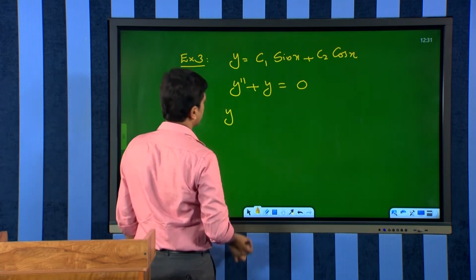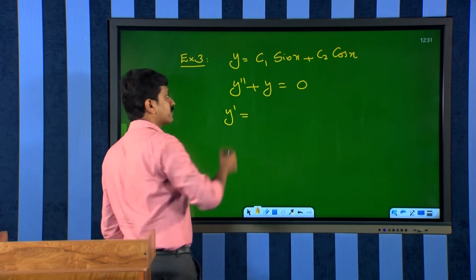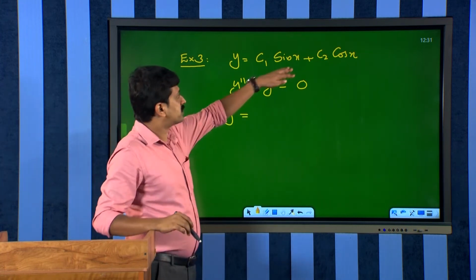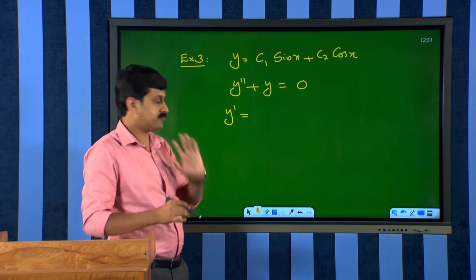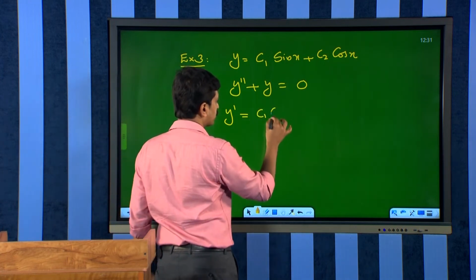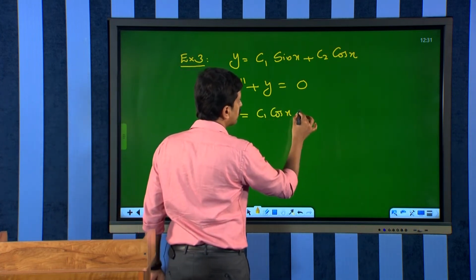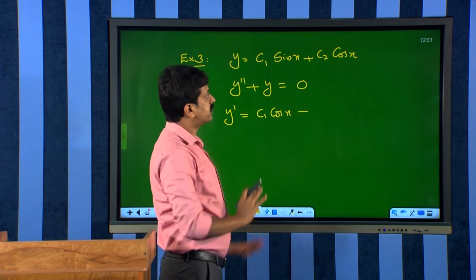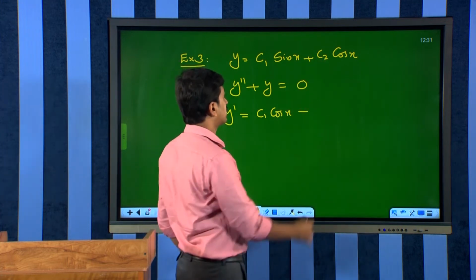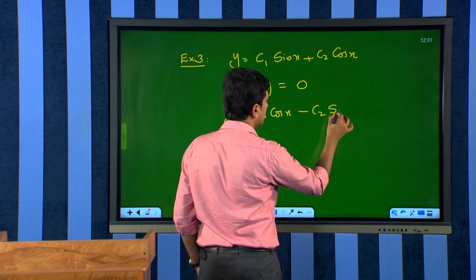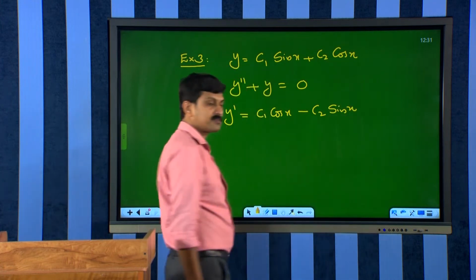y dash is equal to, c1 is a constant, derivative of sin x is cos x, so c1 cos x, plus c2 is a constant, derivative of cos x is minus sin x, so minus c2 sin x.